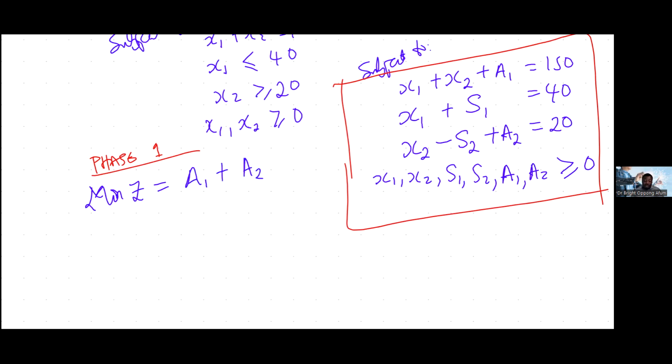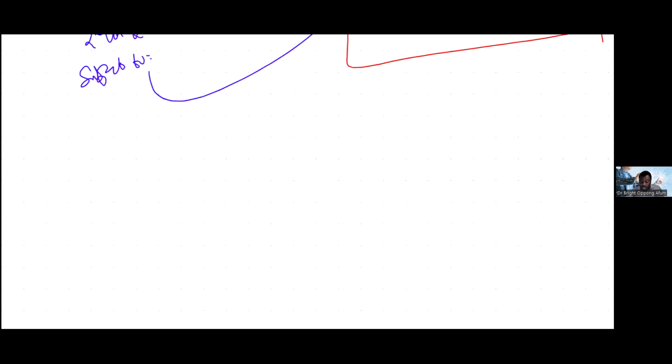Remember that we said we're going to use the artificial variables to create the artificial objective, right? So we are minimizing these two. So we need to create our tableau. So we minimize this, and this is subject to all these constraints that we have defined here. So let's draw our tableau and let's solve.